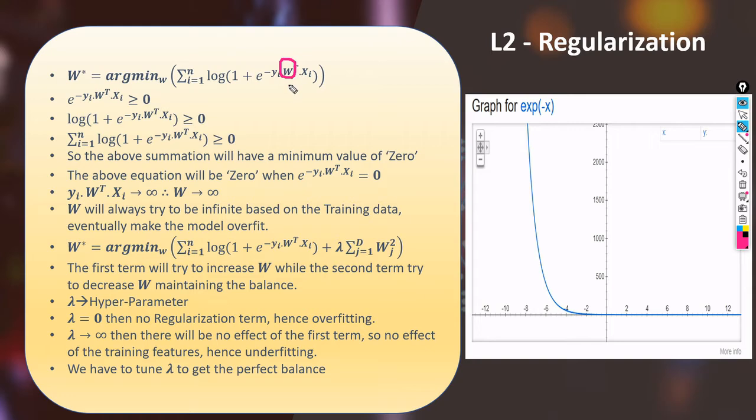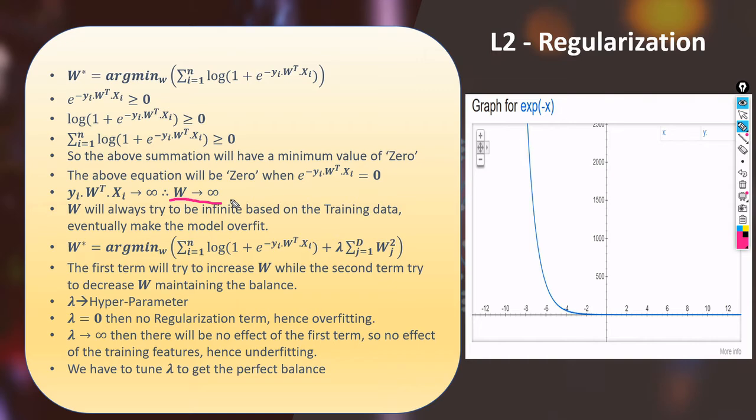We can change the weight vector so that the sine distance term approaches infinity. Then e to the power minus sine distance will be 0, and the overall summation will eventually become 0, giving us the minimum value for this summation. So to get the minimum value, W needs to tend to infinity. W should approach infinity.